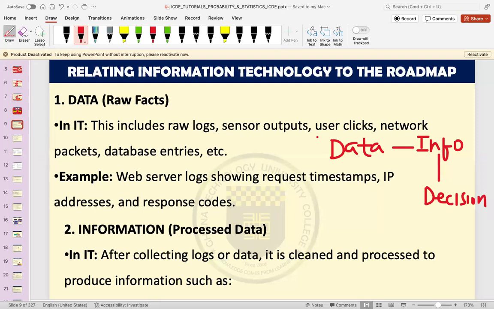And then the examples in IT I can give you are as follows. What are raw facts in IT? What is data in IT?